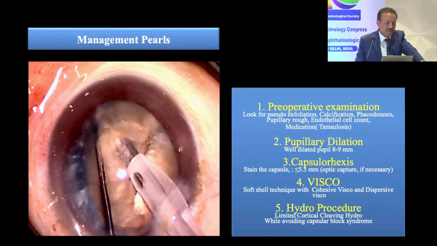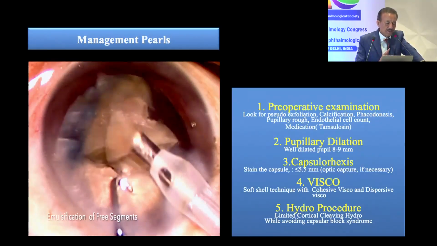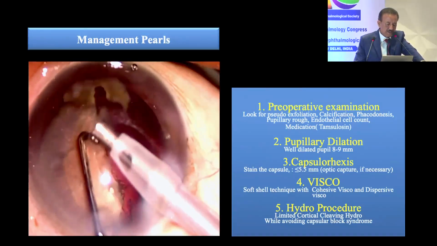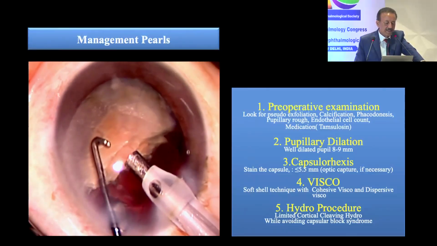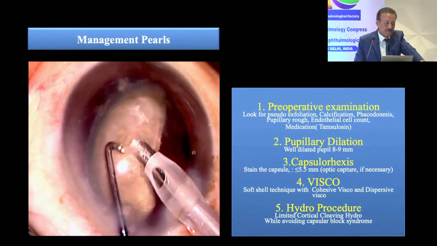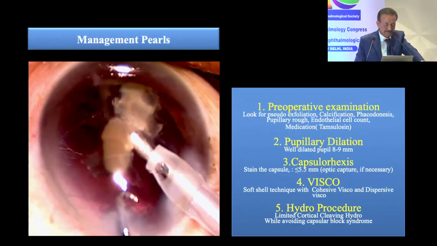As you can see, I'm going all around the equator of the nucleus, not the equator of the capsular bag; I'll explain that a little later. Then you start the emulsification of the nucleus. This is the second half: hold it with the phaco probe, divide it into two, and then start the emulsification.